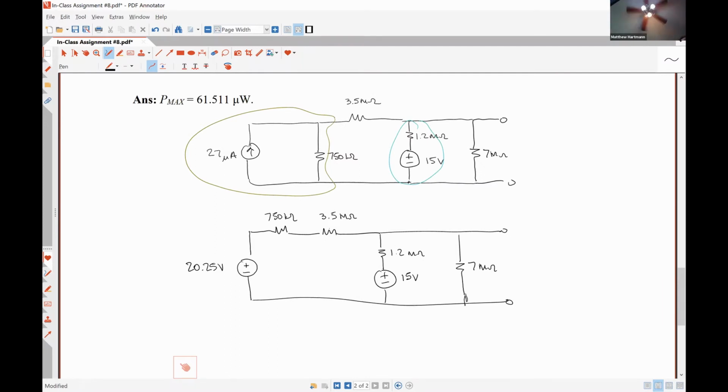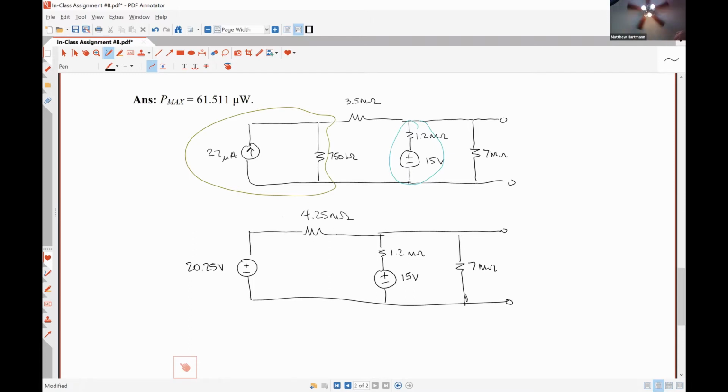So 3.5 mega ohms plus 750 kilo ohms should be 4.25 mega ohms, right? So converting that original practical current source into a practical voltage source allowed us to combine those resistors.